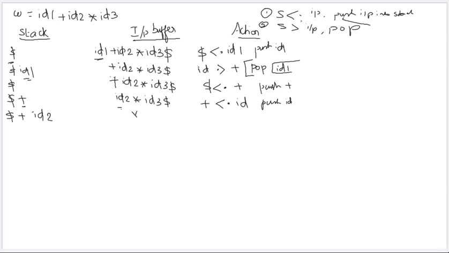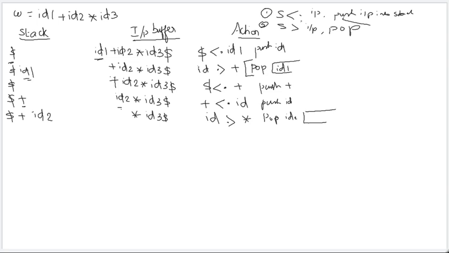And the buffer is star id3 dollar. So now the pair is id and star. The relationship is that id has greater precedence over star. Greater precedence means pop. So pop the element and store it into the next array.